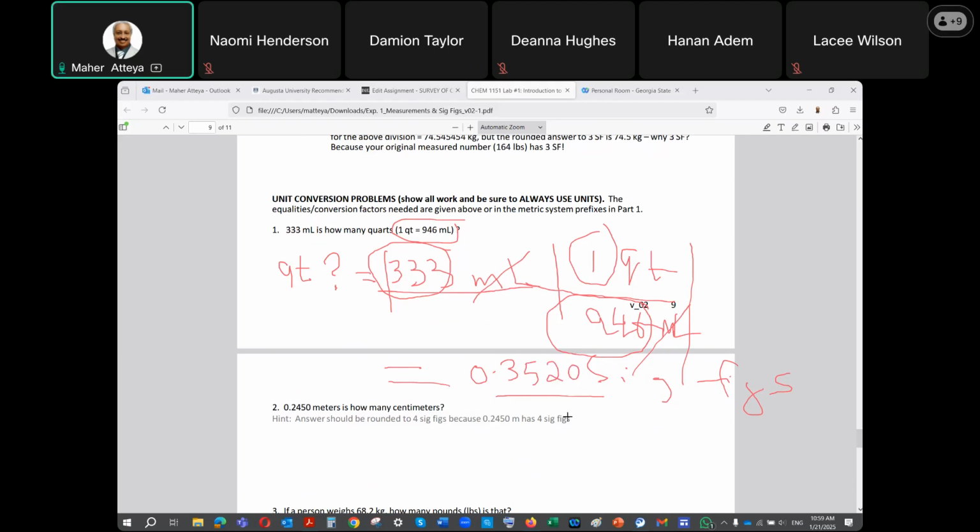Okay, so we need 3 sig figs. So where will I stop? I will stop here. That's my 3 sig figs, because I don't have a whole number. The 0 here, for the decimal, is decorative. So the answer is 0.352 without the extra zeros.